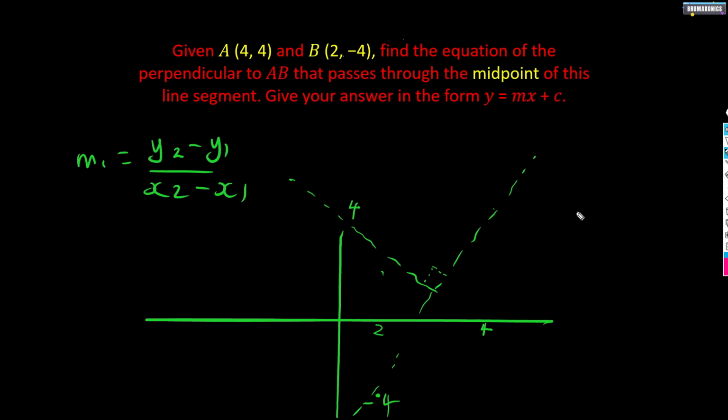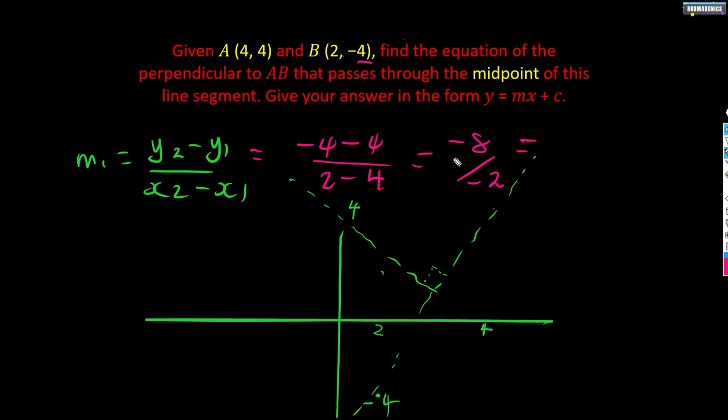So we have negative 4 minus 4 all over 2 minus 4, which is equals to negative 8 all over negative 2, right?